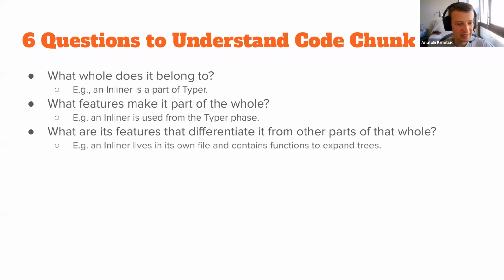And you can say that an inliner lives in its own file and contains functions that expand trees. So living in its own file is pretty important for something that is a part of a typer, because usually the typer is pretty self-consistent. It's one big file. So inliner got its own file. So for starters, it's good enough to say that it lives in its own file.